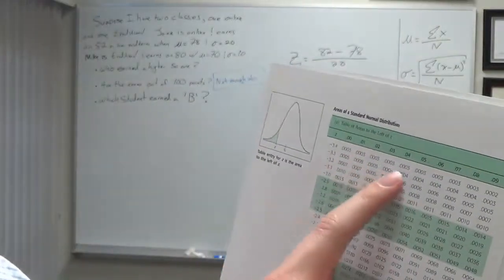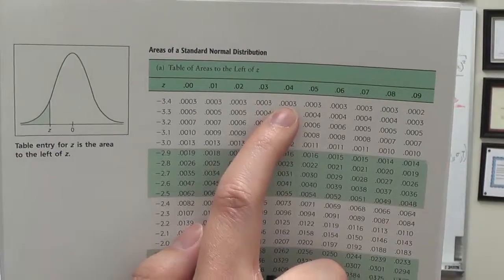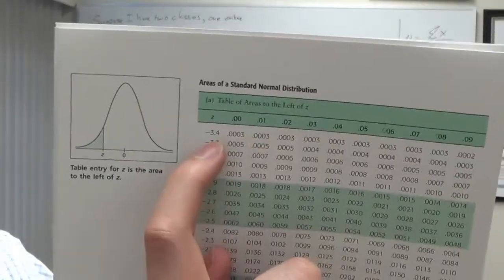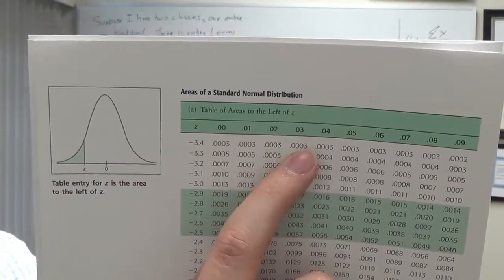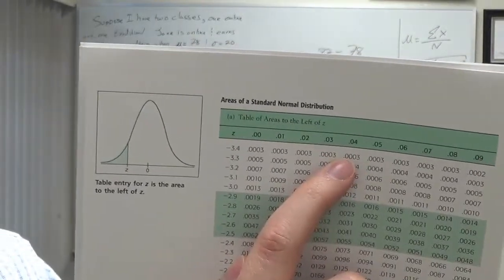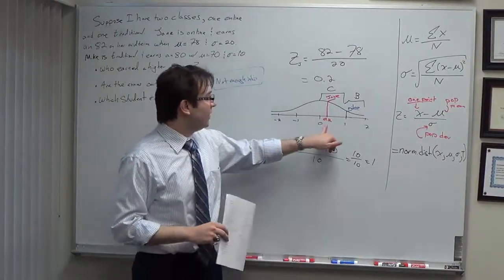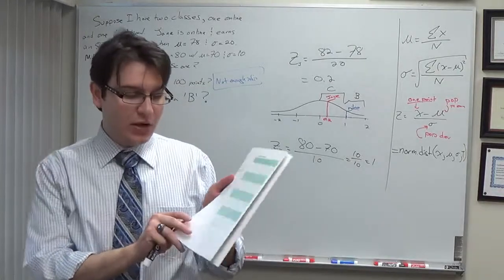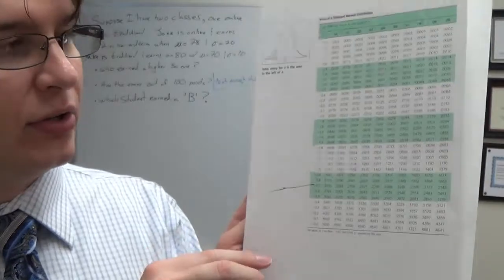So if I look at this point right here, what I would be finding is the z-score of negative 3.44. So I get negative 3.4, and then I go over till I get that last decimal place, and then I would say this is the area to the left. In our case, Jane had scored 0.2. That was a positive 0.2. So I would stop on this chart, because I noticed that here on this one it goes all the way to 0.